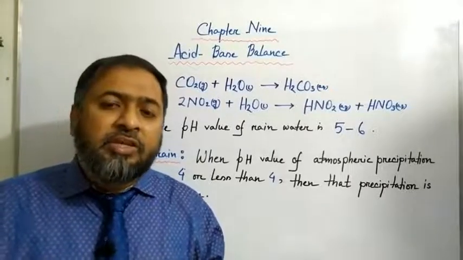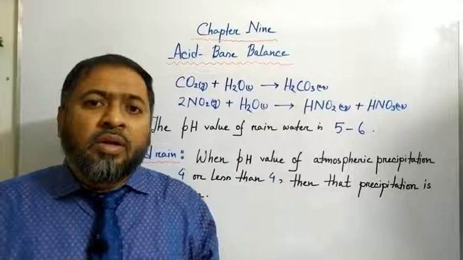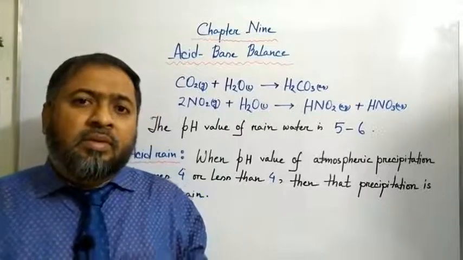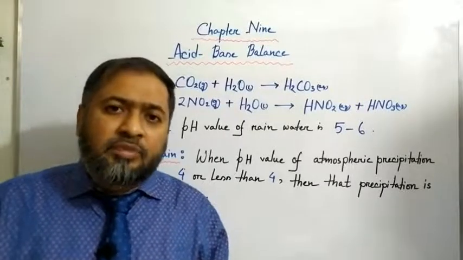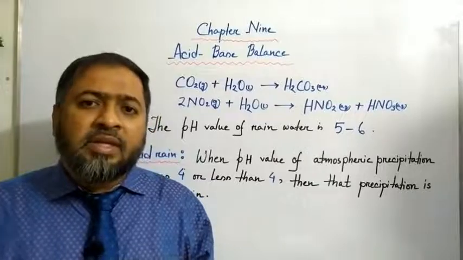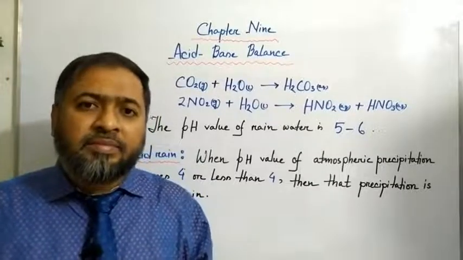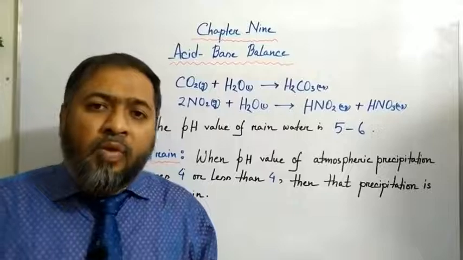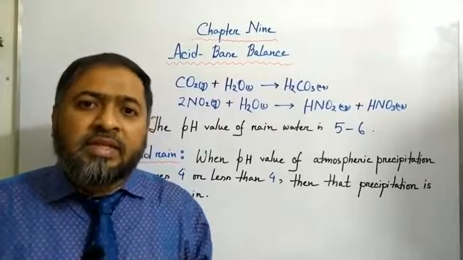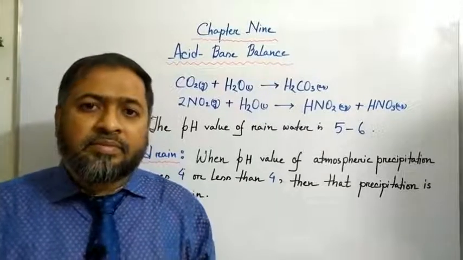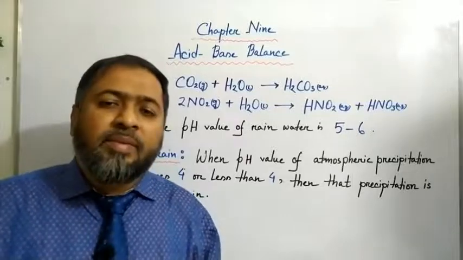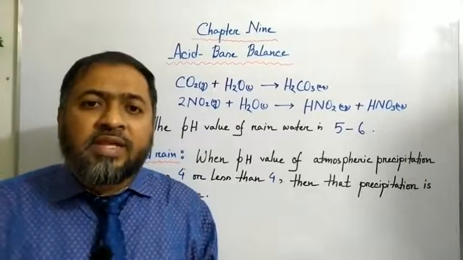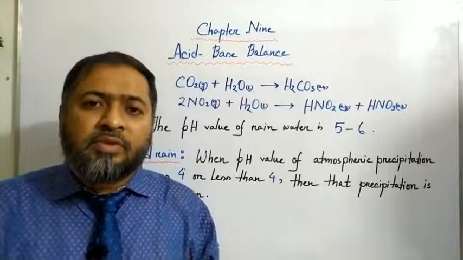Due to different human activities, we use coal and petroleum to run industries, power plants and vehicles. And this coal and petroleum contain sulfur and nitrogen. When we burn this petroleum and coal, sulfur dioxide and nitric oxide are produced.